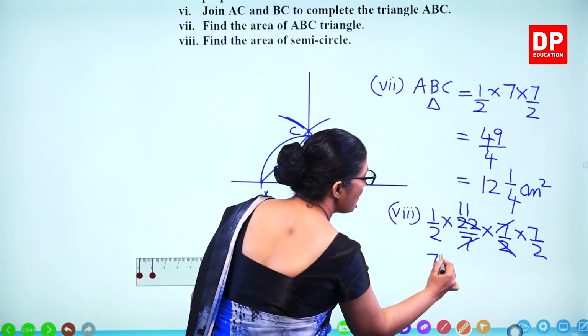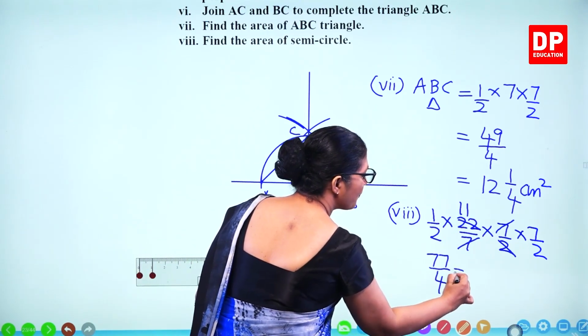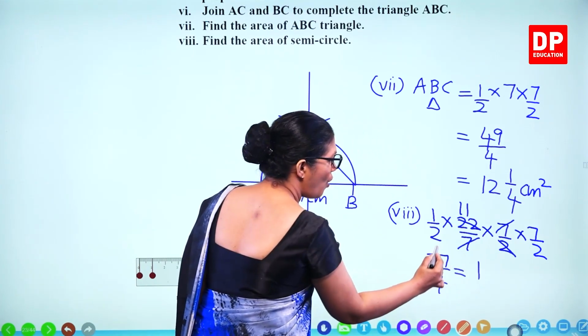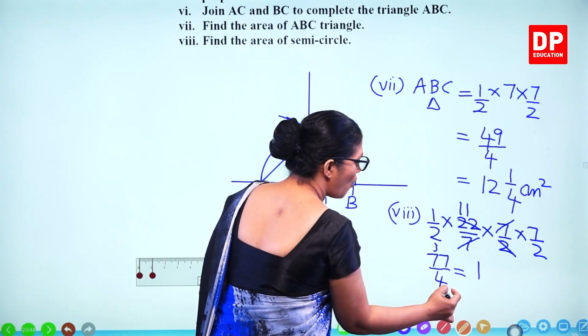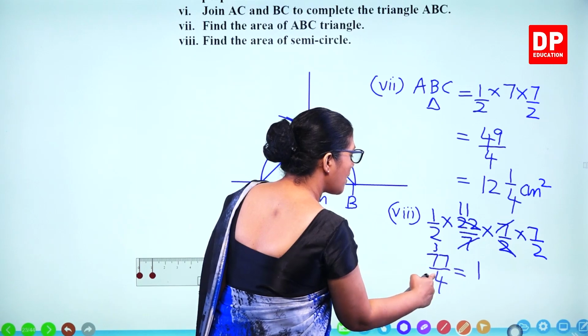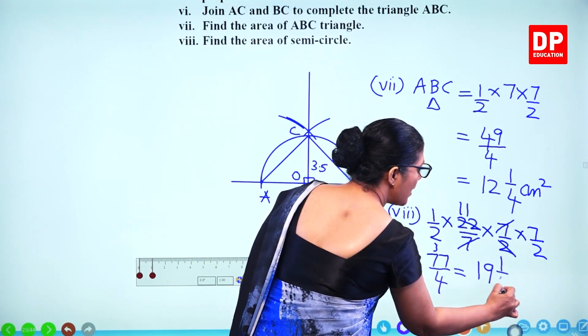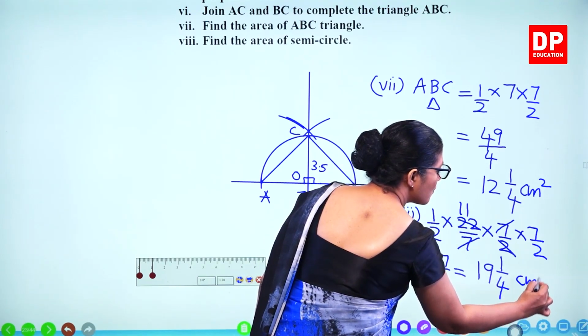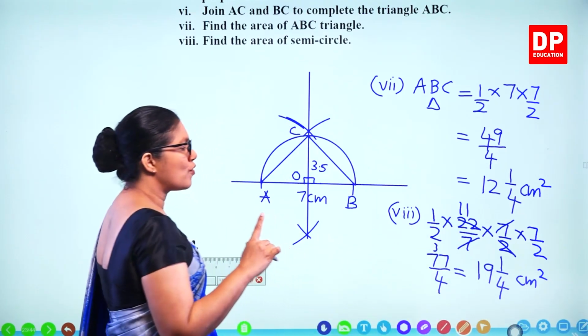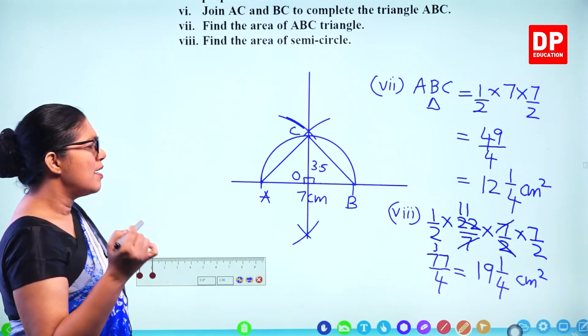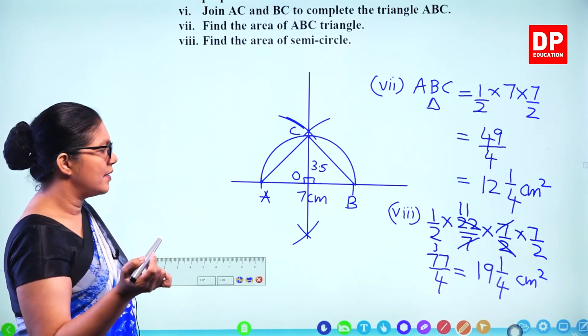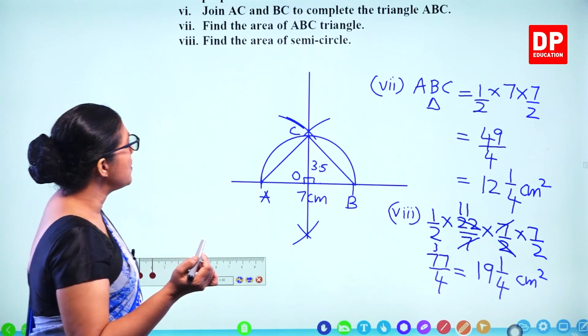So 77 divided by 4. That gives 19 and 1/4, or you can write it as a decimal, 19.25. So that's the area of the semicircle.